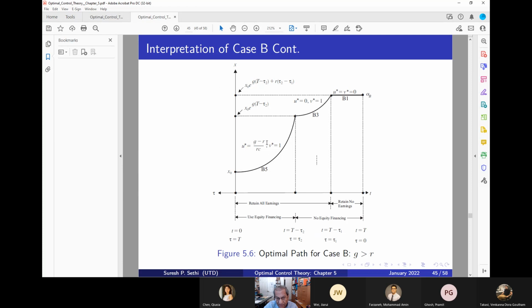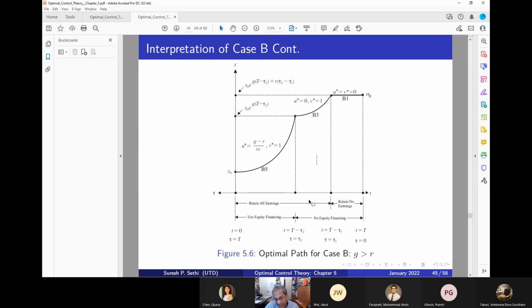And together, I can grow at the rate G. So what is it trying to say? It says that if I have a beginning investment here, and if my T is sufficiently large, now sufficiently large means it's bigger than tau 2, not bigger than tau 1, because bigger than tau 1 does not give you this richness here. We need to have this case and this case, and then there's no more case.